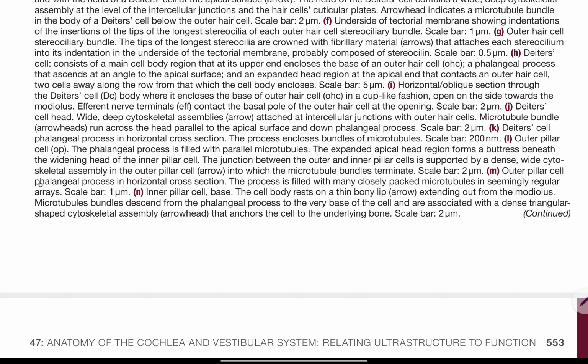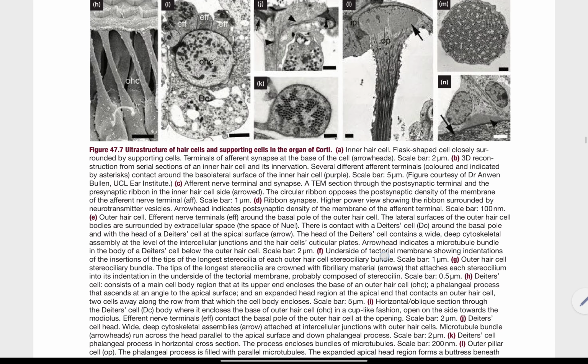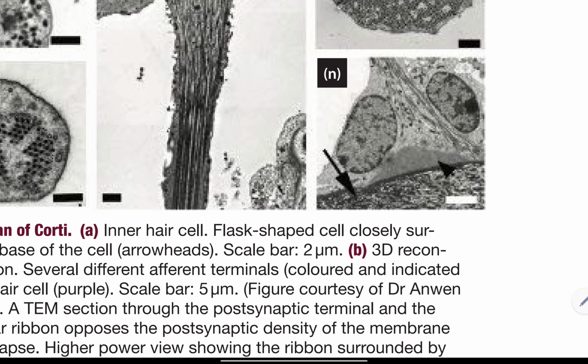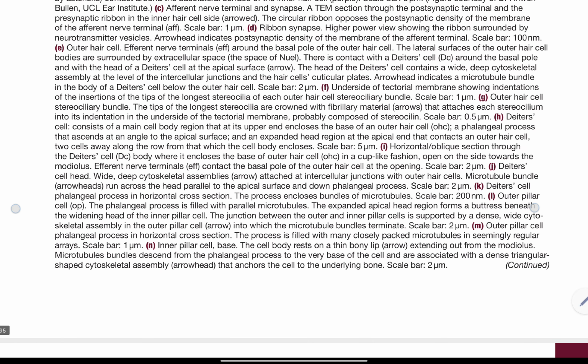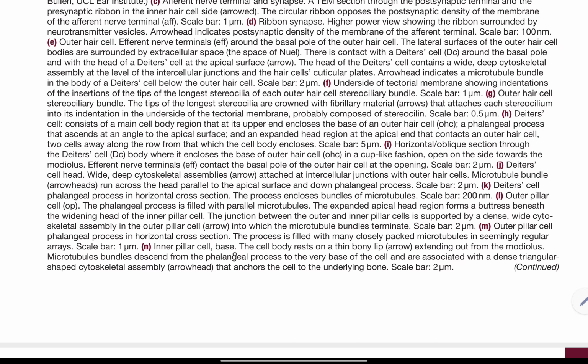Outer pillar cell phalangeal process in horizontal section. The process is filled with many closely packed microtubules in seemingly regular arrays. Scale bar 1 mm. Figure N. Inner pillar cell base.